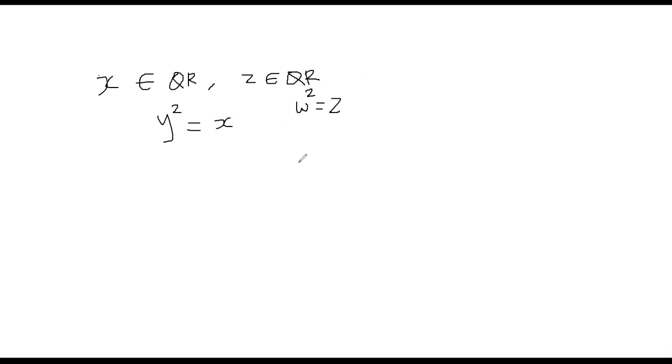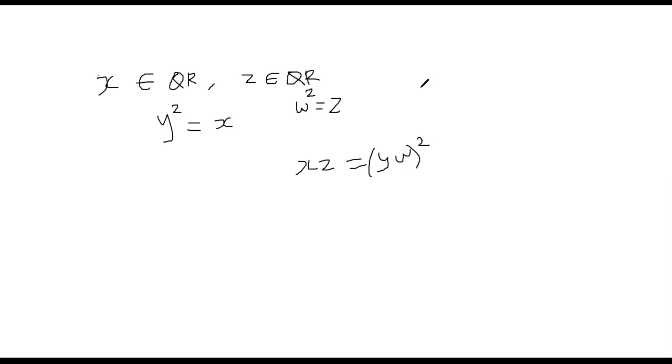Now, x times z means y squared times w squared, which is nothing but (yw) squared. Therefore, x times z is also a quadratic residue. This is a very basic property of quadratic residues, and it doesn't matter whether we work with mod p or the composite group mod n.